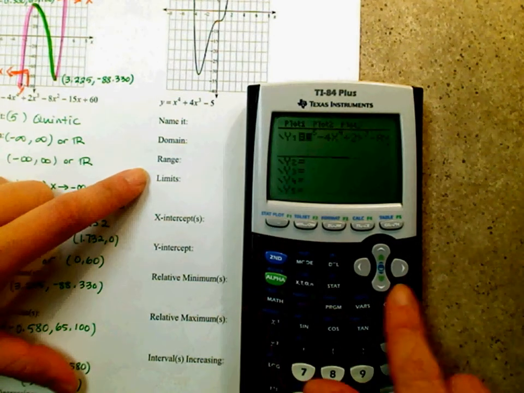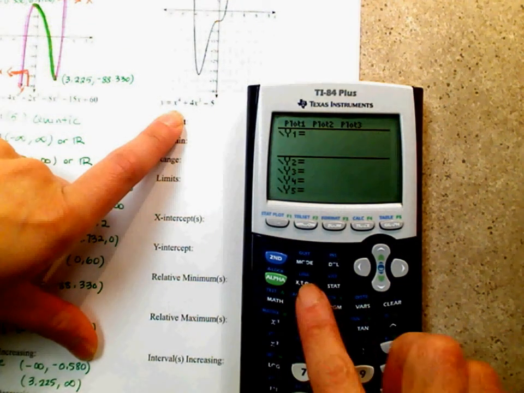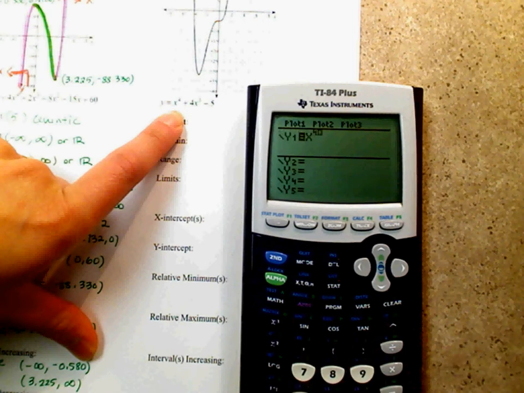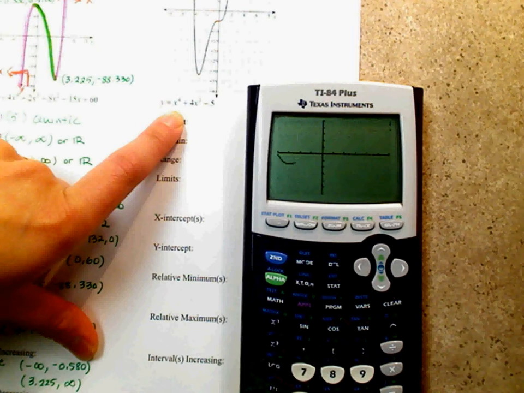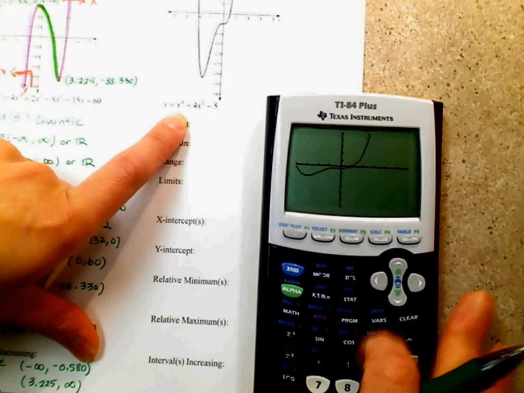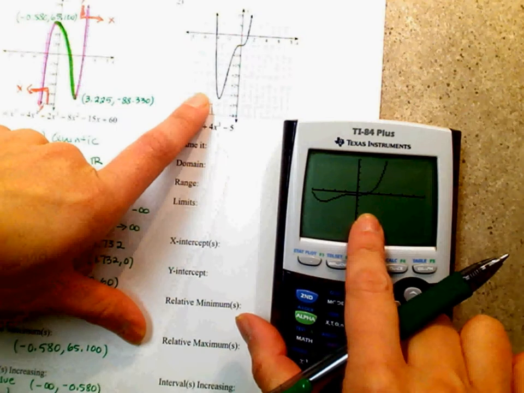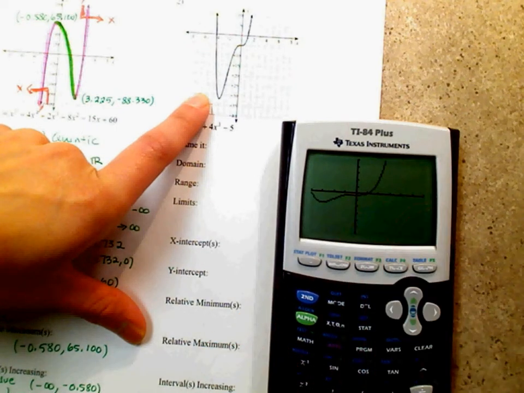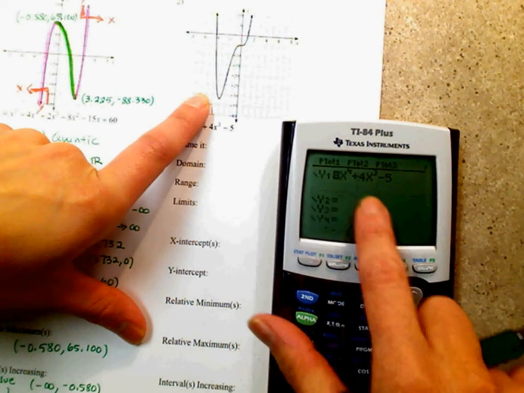I have x raised to the 4th, right arrow, plus 4x raised to the 3rd, right arrow, minus 5, and hit graph. Okay? Now notice, this graph looks nothing like that one. I'm going to check real quick just to make sure that I punched in the right numbers. X to the 4th plus 4x to the 3rd minus 5.